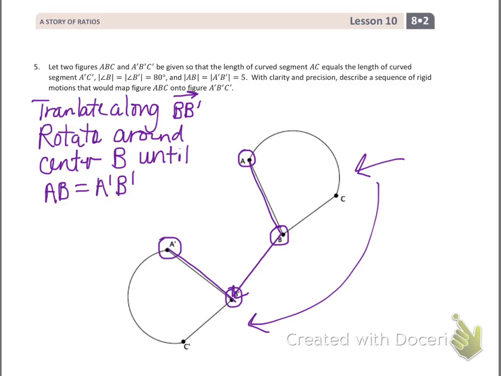So we're only left to get C onto C prime and make sure that the curved part of the figure matches up. So my last part, once I translated, I rotated. Now I'm going to reflect across line, in this case again, it's A prime, B prime, or AB. They're the same.